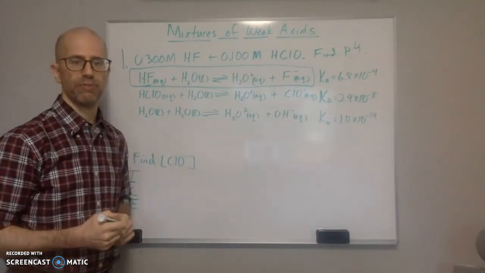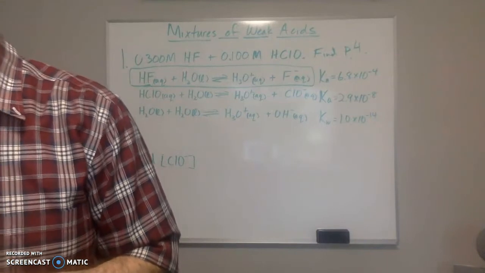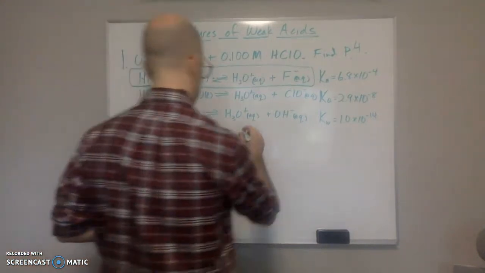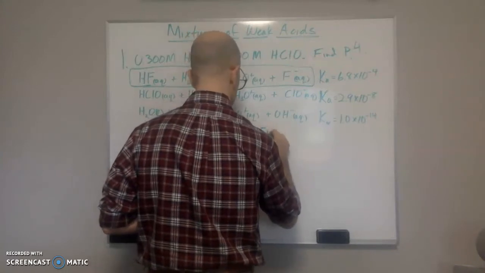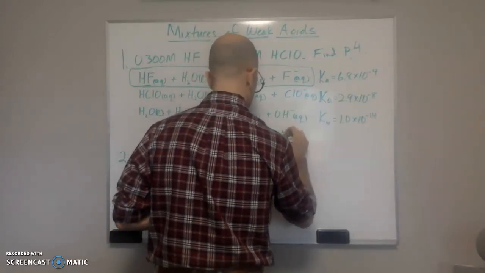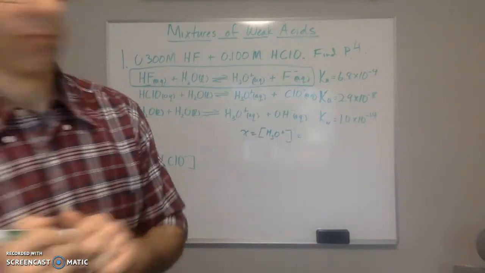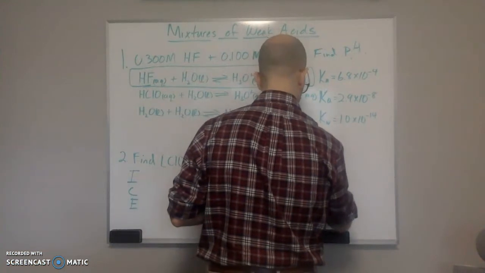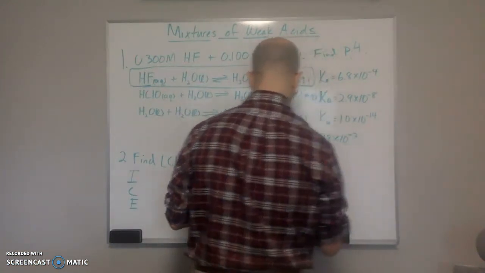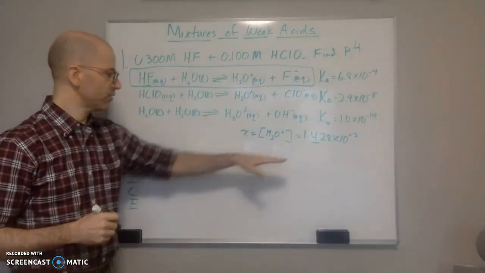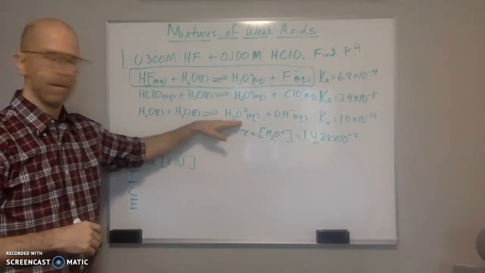So the H plus we found in the first part, let me write that down again. X, which is equal to the concentration of H3O plus, was equal to 1.428 times 10 to the negative 2. Okay, so this becomes our initial amount of H3O plus.